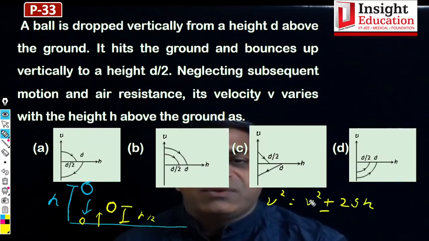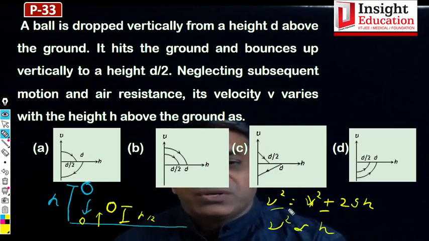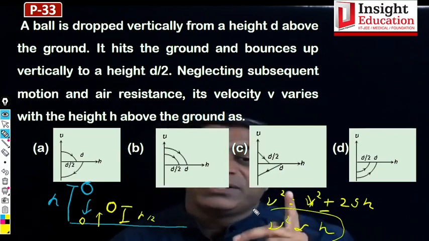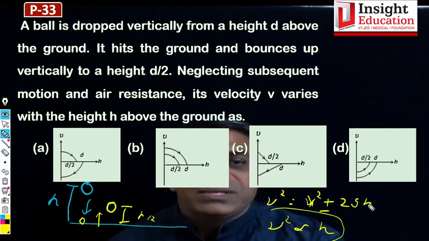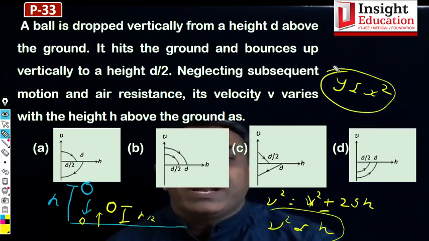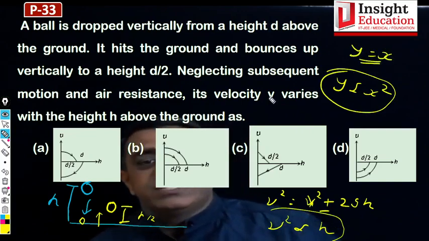If initial velocity is 0, we can say v square is proportional to h. From this you can say the graph is a parabola, not a straight line. y is proportional to x square, or x is proportional to y square, so the graph should be a parabola. If it is y equal to x, that is a straight line.